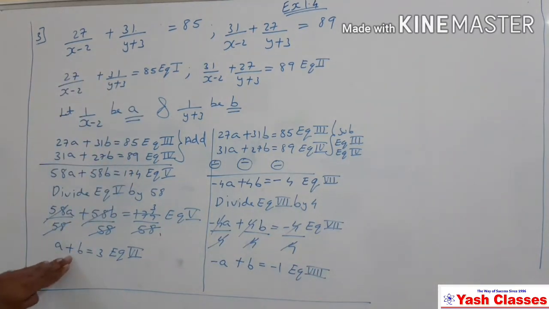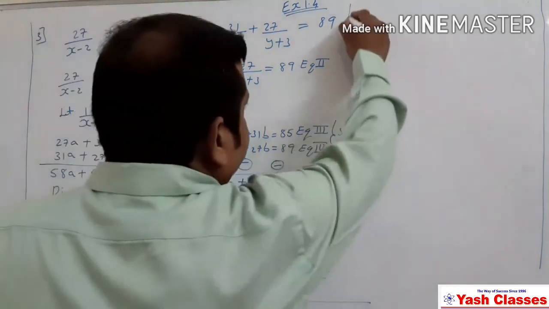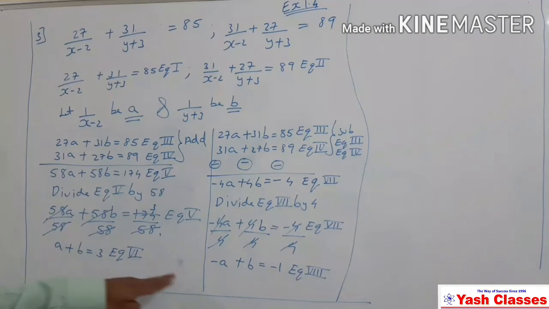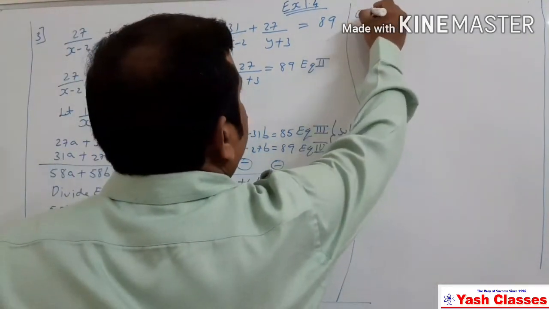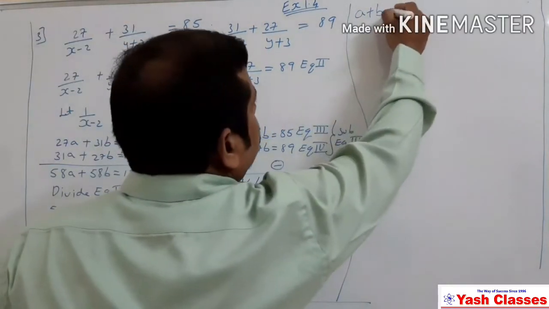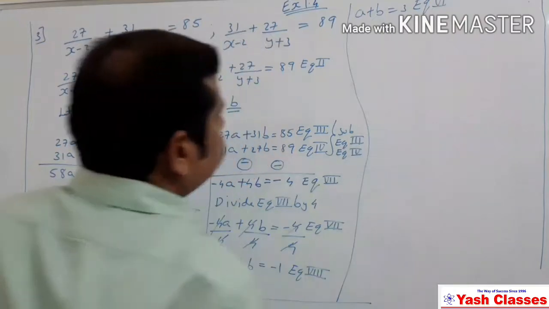Here you got equation number 6 and equation number 8. Now you have to take these two equations. A plus b is equal to 3, equation number 6.